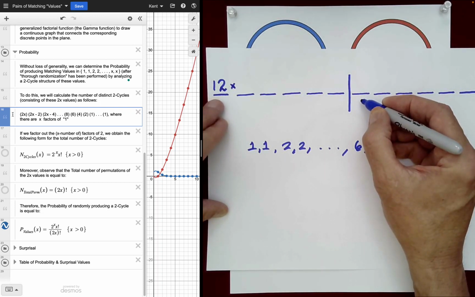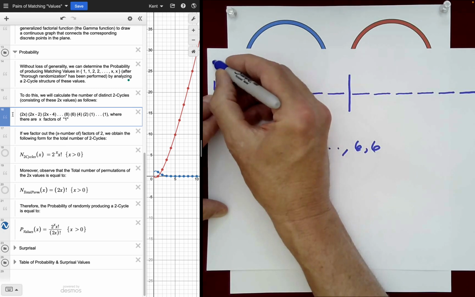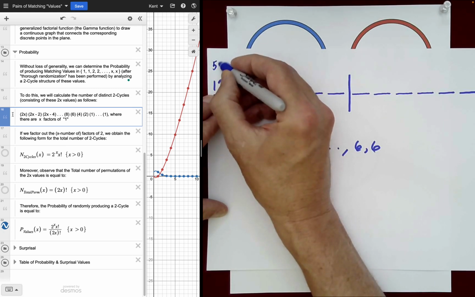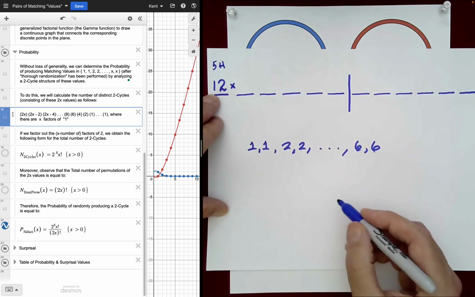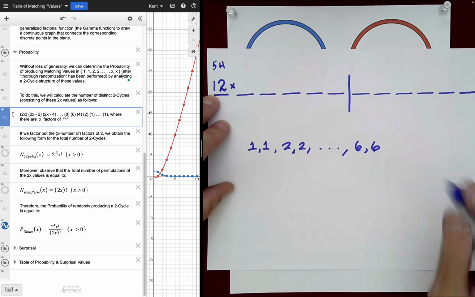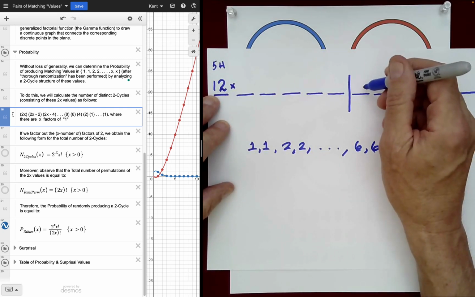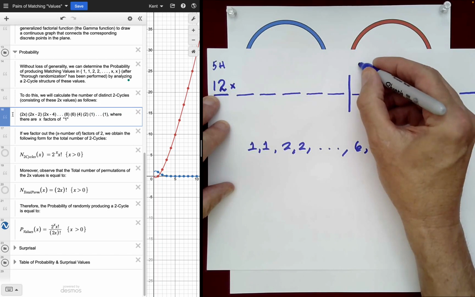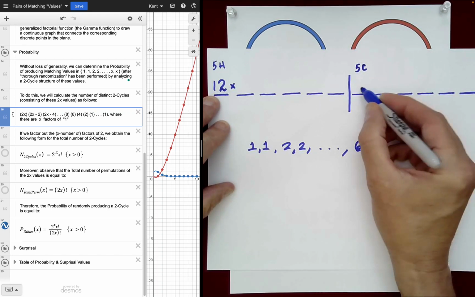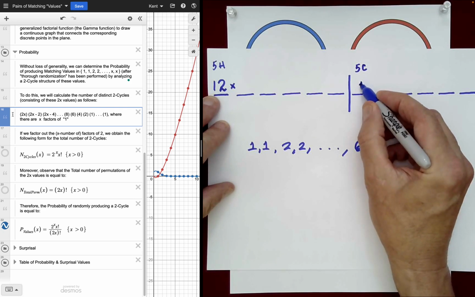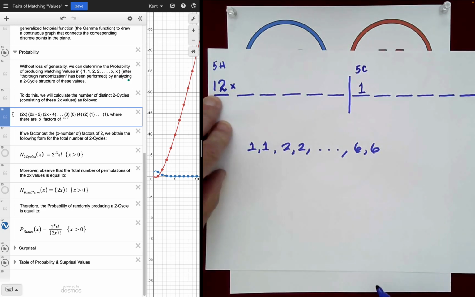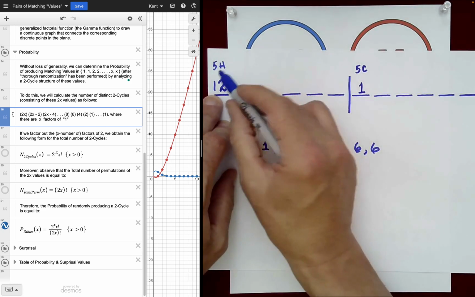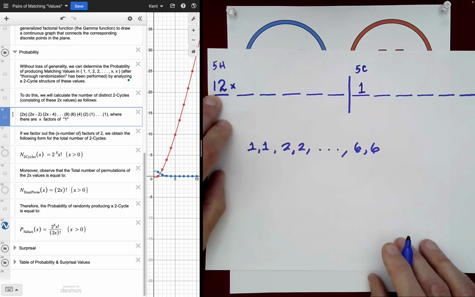So let's say you happen to put a 5 of hearts over here. That's the first one you happen to choose. What has to go over here? The 5 of clubs, right? It's going to be a two cycle. So there's only one choice actually for that position there. It has to be the companion to the one that we've put down.